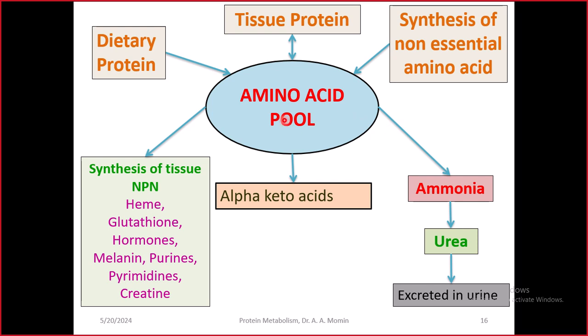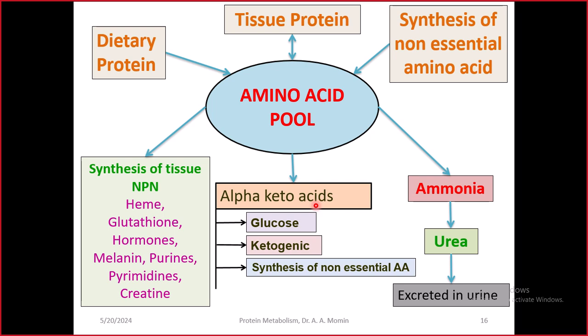The carbon structures from the amino acids are called alpha keto acids. These alpha keto acids have various fates. If the amino acid is glucogenic, the alpha keto acid carbon skeleton can be converted to glucose. If it is ketogenic, it can be converted to acetyl CoA, or to some fat. The carbon skeleton can also generate non-essential amino acids, or it may undergo formation of acetyl CoA.